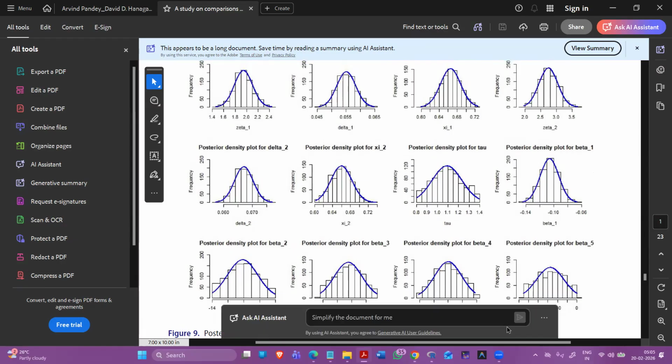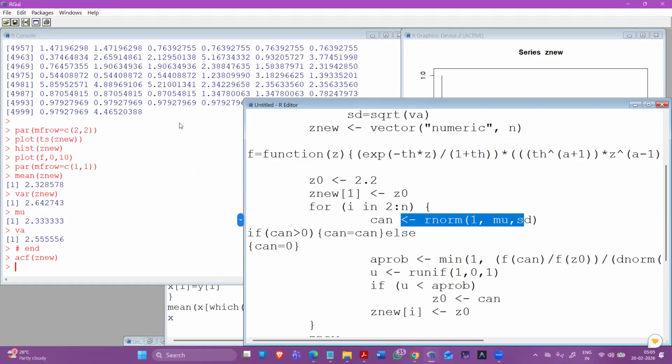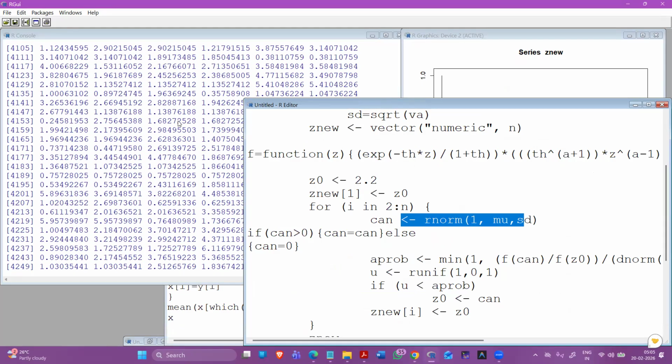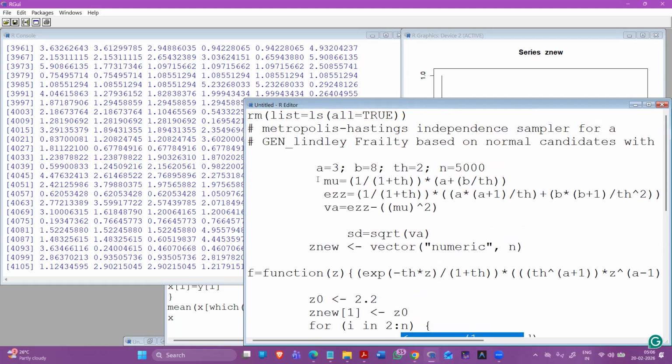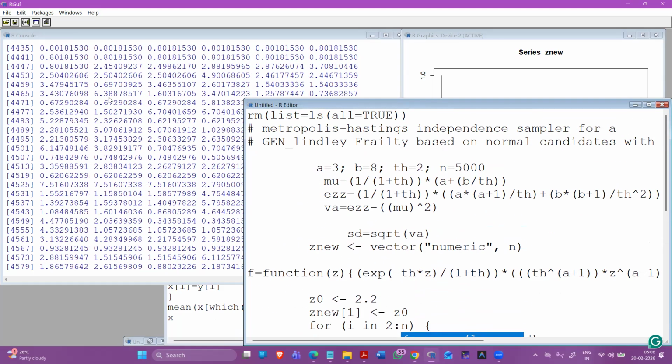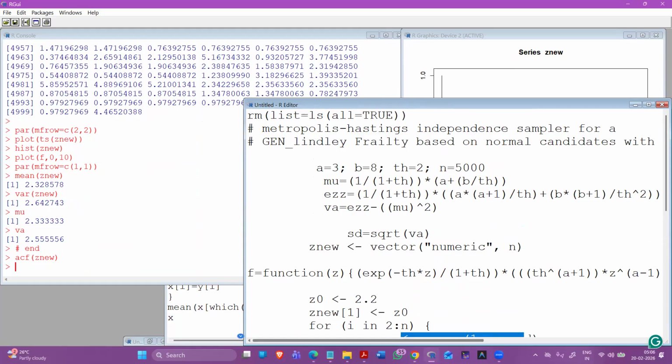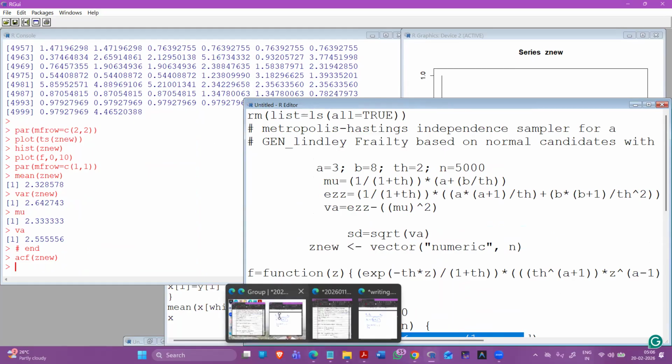I generated 5,000 observations in this Metropolis algorithm, right or not?